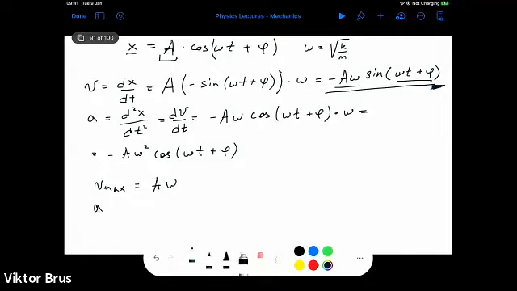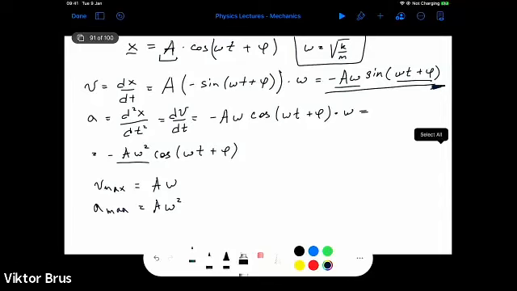And for the maximum acceleration, according to this logic, the number in front of the cosinus will be a times omega squared. This omega doesn't tell us very much by itself, because it can be any number, but we know that omega is defined by the properties of the system.